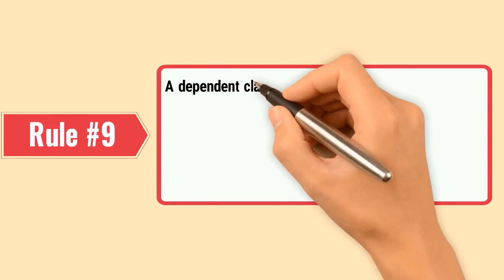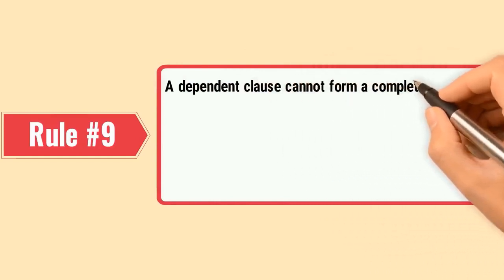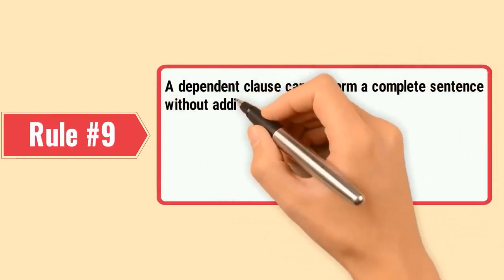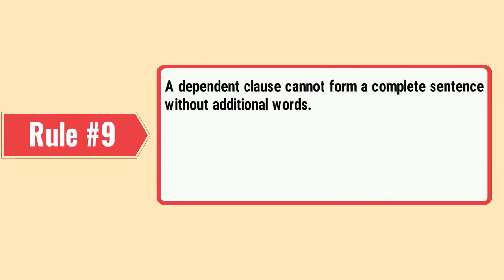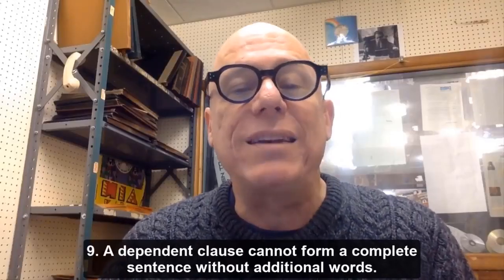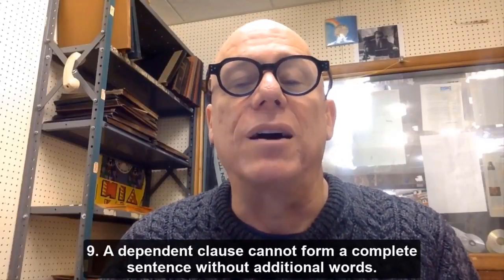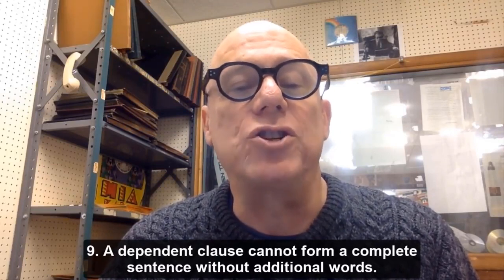Rule number 9. A dependent clause cannot form a complete sentence without additional words. When the bird sang.